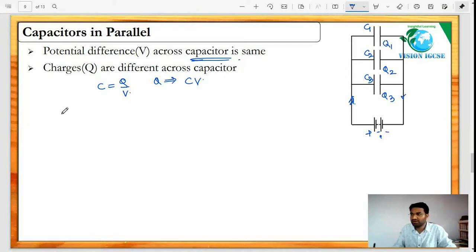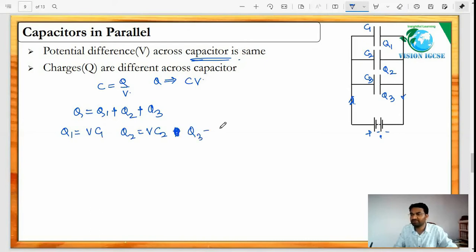So the total charge across the parallel connection is Q equal to Q1 plus Q2 plus Q3, right? So we have Q1 equal to V C1, Q2 equal to V C2, and Q3 equal to V C3. Then just put it in this formula.